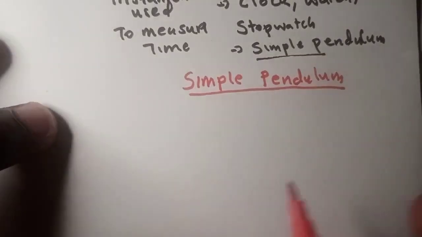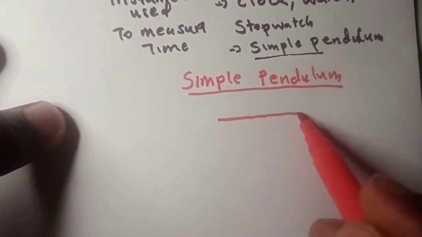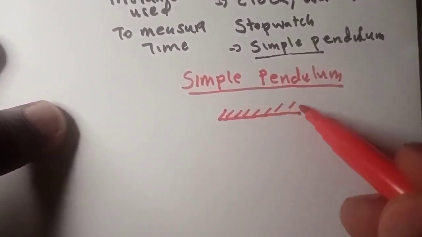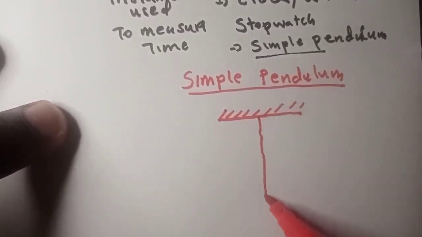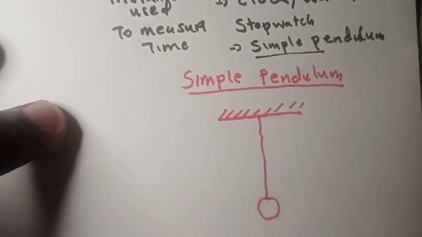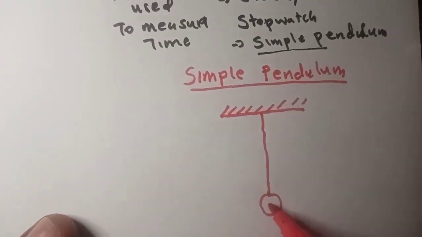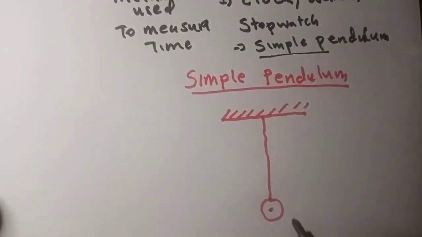So a simple pendulum, the diagram is like this. It has a string, and at the end there is a bob, and this bob has a center here. That's the pendulum.